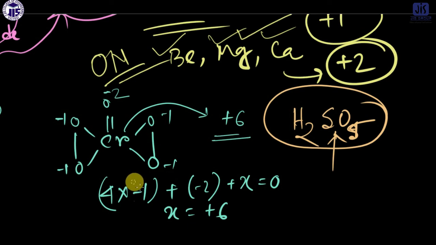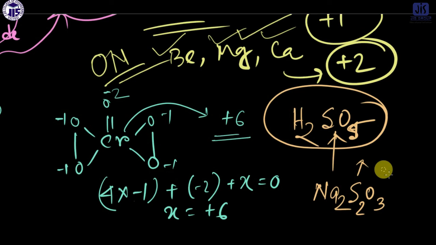Then another example is Na2S2O3. What is the oxidation number of the two sulfurs? This also you have to understand properly, the structure of Na2S2O3, otherwise it is not possible.